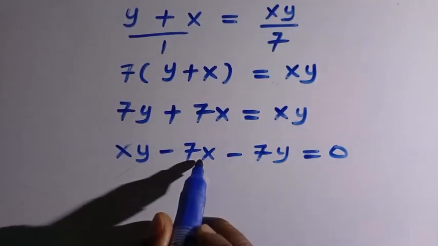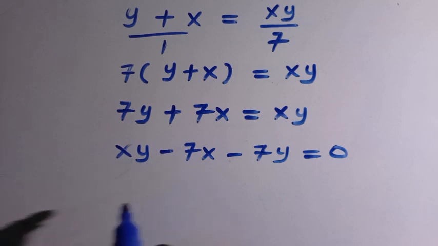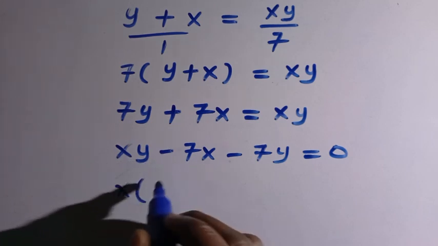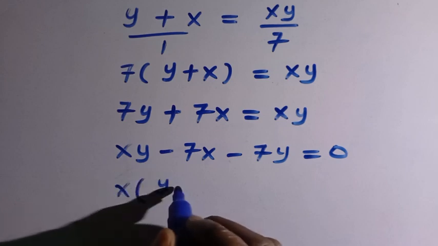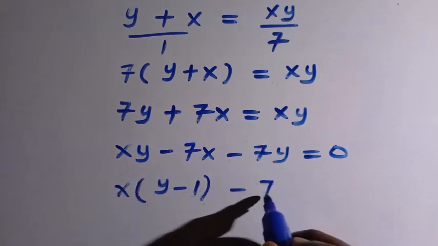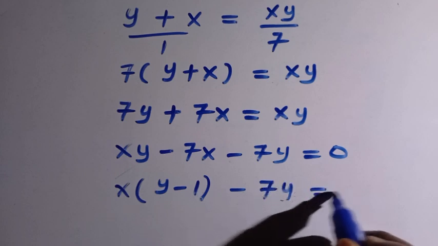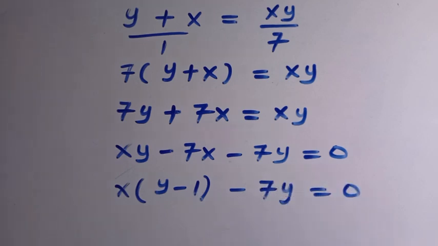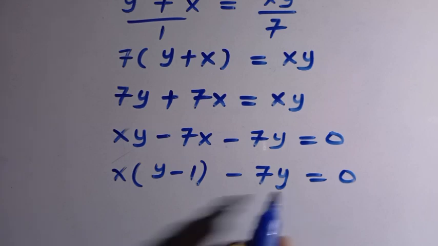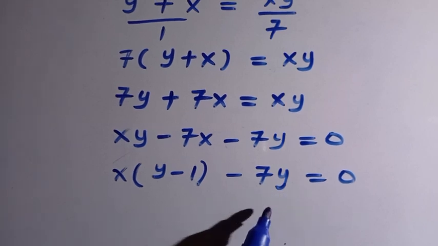For this and this, we have x that is common to them. Let's take out that x. By taking out x from here, we have y minus 1, and also here we have minus 7y equals 0. Then I'm trying to factorize this out, and I need something like y minus 1 at this side.